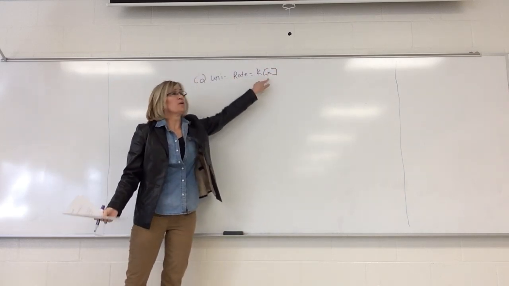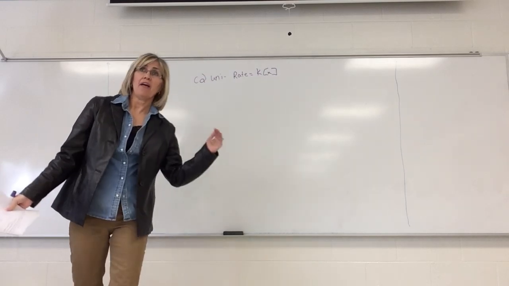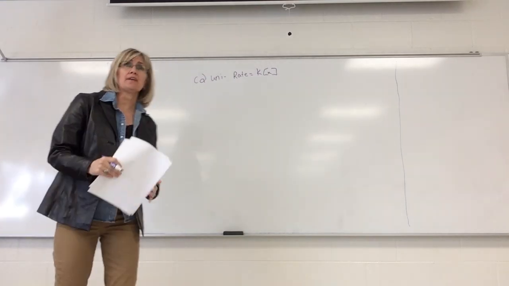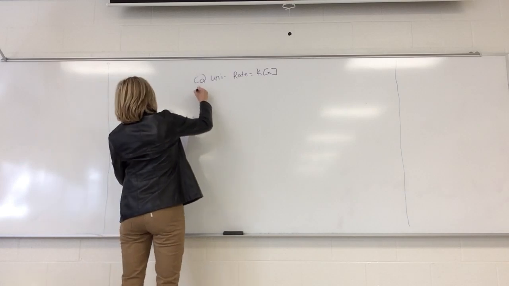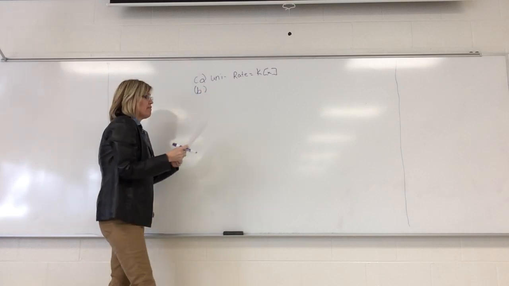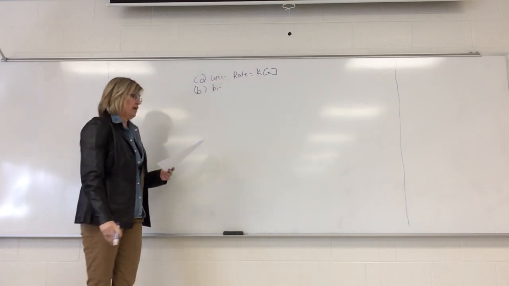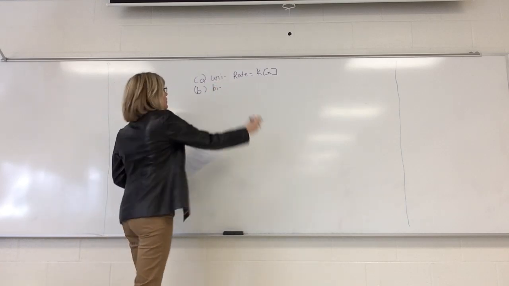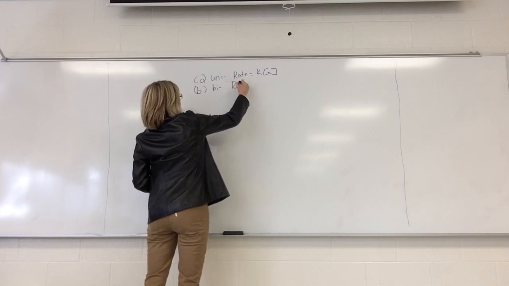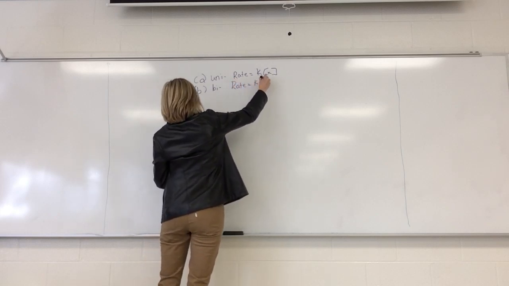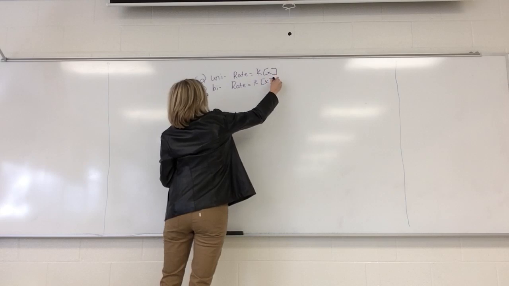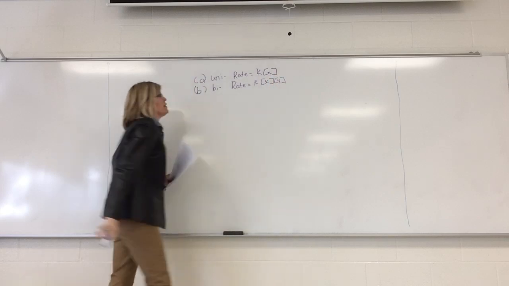Rate equals the rate constant and whatever reactants are in that rate determining step. B, all right? We have X plus Y, that's bimolecular. If that is the rate determining step, then the rate would be rate equals k times X times Y. All right?